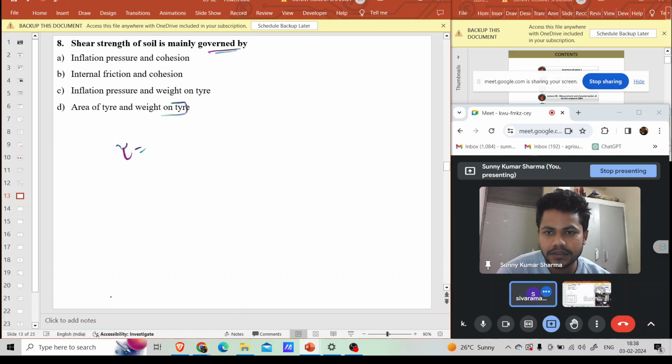No, this is not the correct answer. I have written the expression. This is the shear strength of the soil. What you are telling is not the shear strength of the soil.